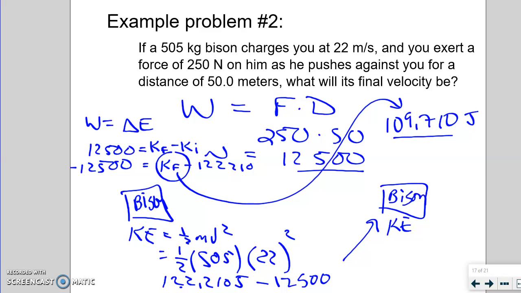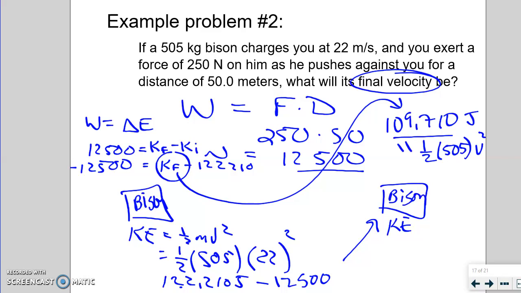So we did all that, but that's not the answer because the question is asking for his final velocity, not his final kinetic energy. So we're going to set that answer equal to 1/2 of his mass times his velocity squared. So I'm running out of space here, so we're going to take 109,710.